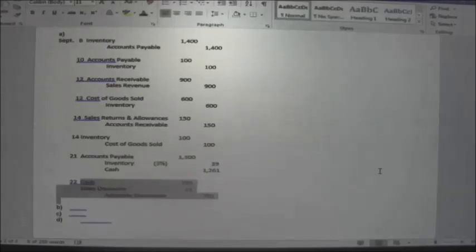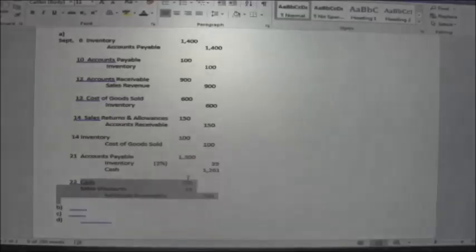And that's how it is. We sold them $900 worth of goods originally, but they returned $150. So in all, they still owed us $750. We'd offered them a 2% discount, which is $15 on $750. So they ended up paying us $735.